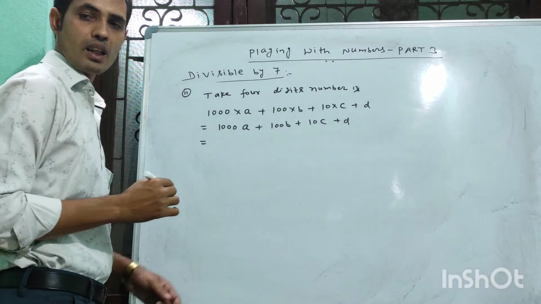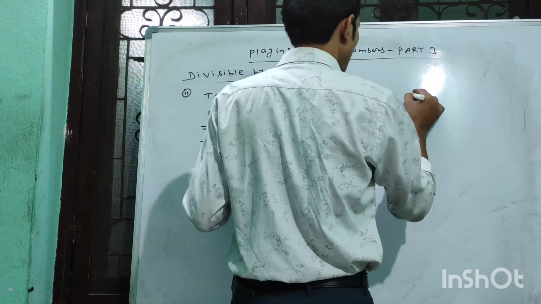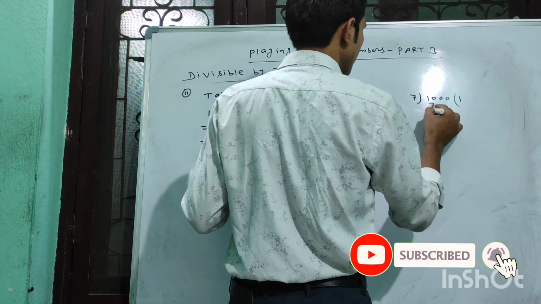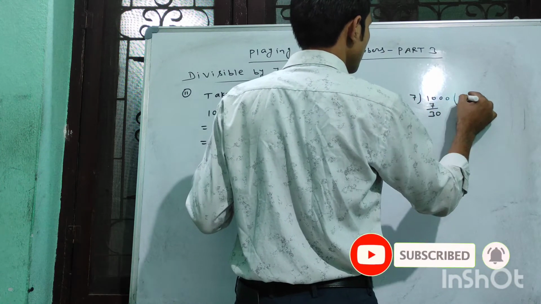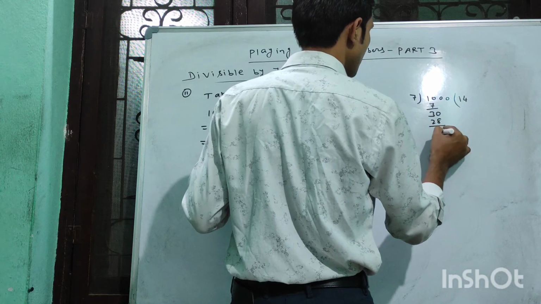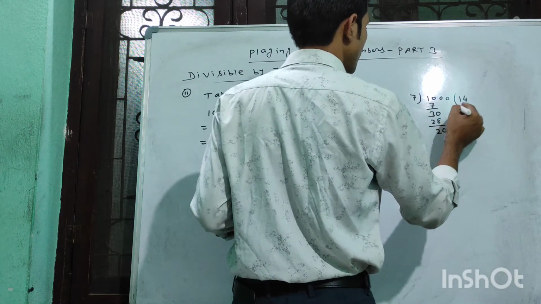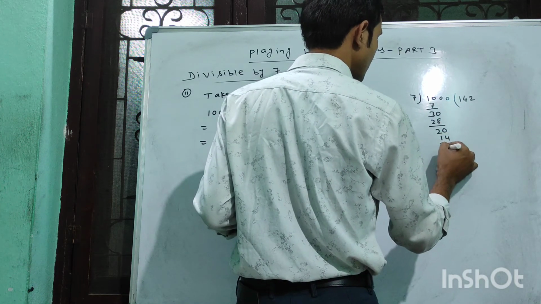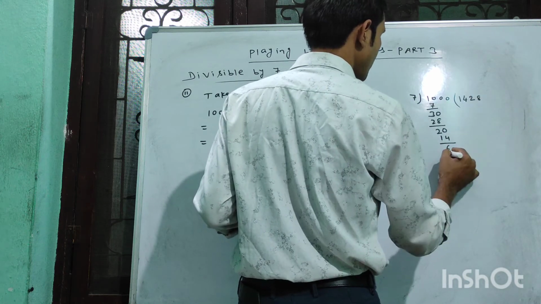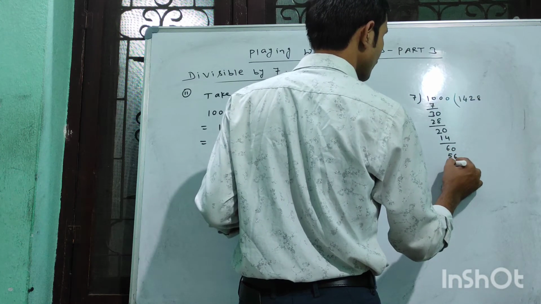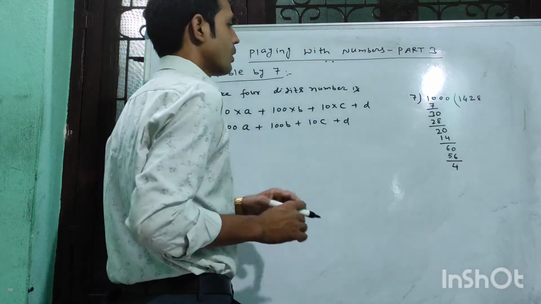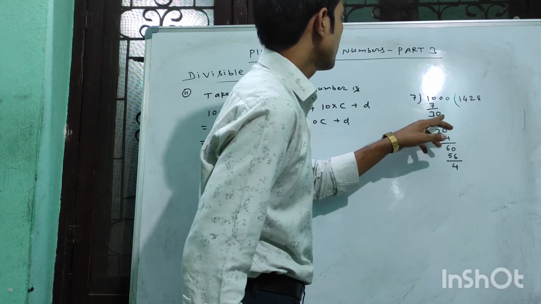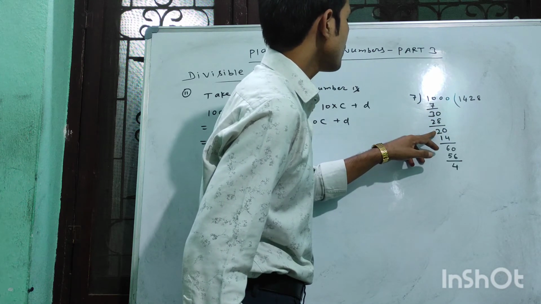In a similar way, here we divide 1000 by 7. 7 ones are 7, then you get 3, 30; 7 fours are 28, remainder 2, 20; 7 twos are 14, remainder 6. So 28 leaves 2.